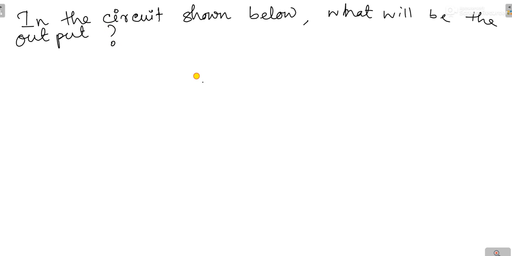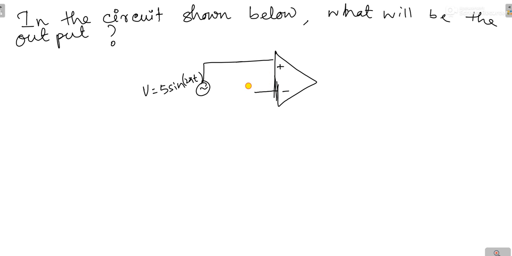So the circuit is, this is an AC source, 5 sine 2 pi t, and this is connected to the non-inverting terminal. This is the inverting terminal, and there is a 5 kilo ohm resistance.